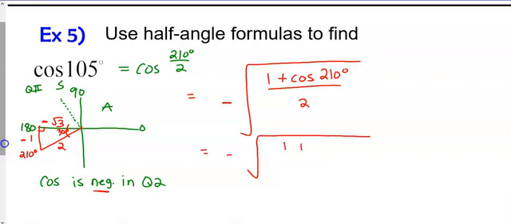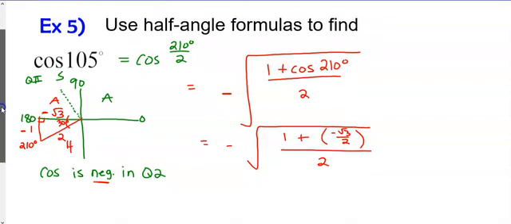So 1 plus, use parentheses here, cosine of 210, which would be adjacent over hypotenuse, so negative root 3 over 2, all over 2. Then we just have to clean that up a little bit before we're done.